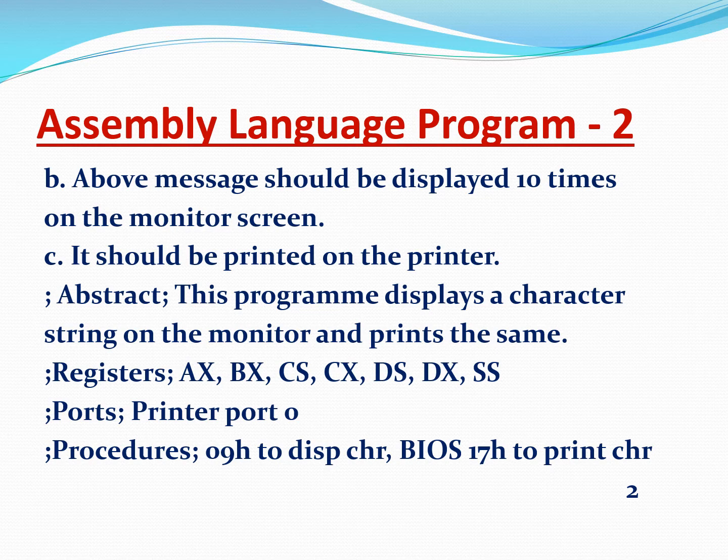Ports: the port of the printer, port 0, we are using. Procedures: the 09H procedure to display the character string, and BIOS 17H to print the character on the printer.